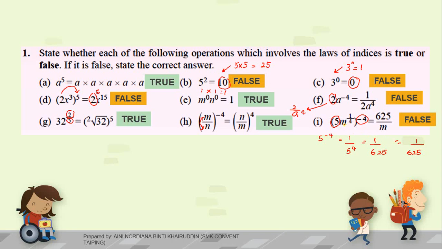Oh, this is m negative 1 over 4 and negative 4. So if we expand this, you'll get 5 to the power of negative 4, m to the power of negative 1. So m will be at the denominator.